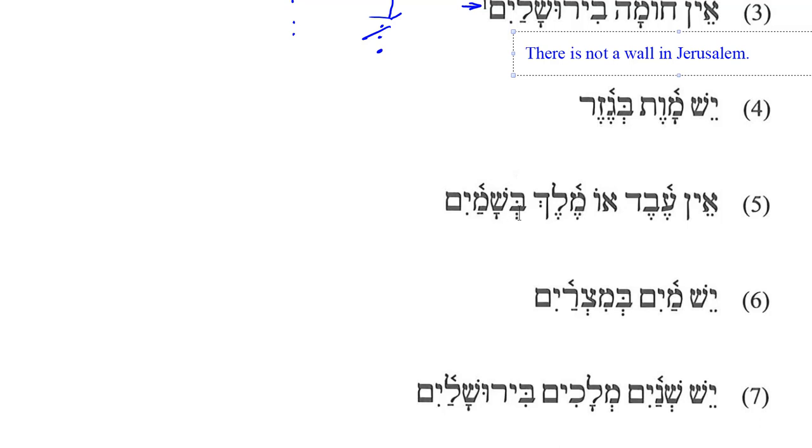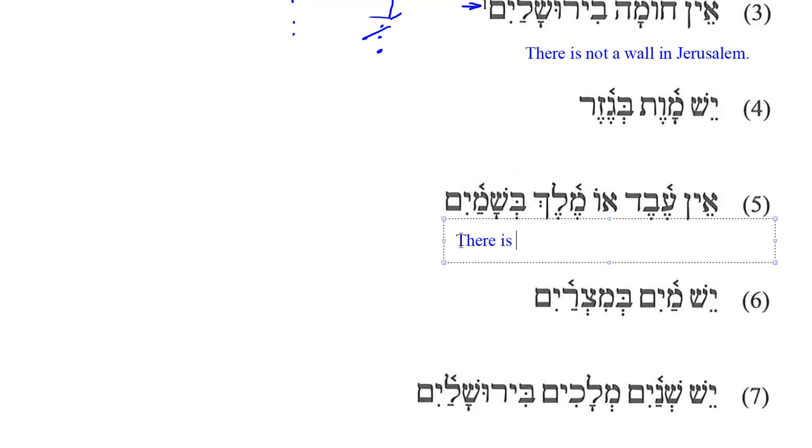Here we have in heaven. Shamayim is heaven. It can also mean heavens, but probably here it's heaven. So we have, there is not, I'll add the indefinite article, a servant or a king in heaven. And if I'm talking about a class of people, I could probably say something like, there is not servant or king in heaven. That would also make sense.